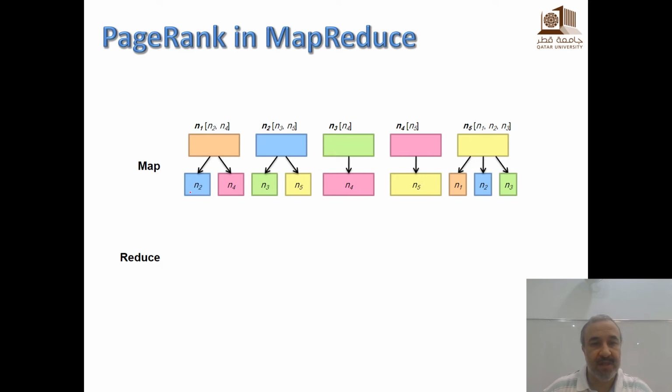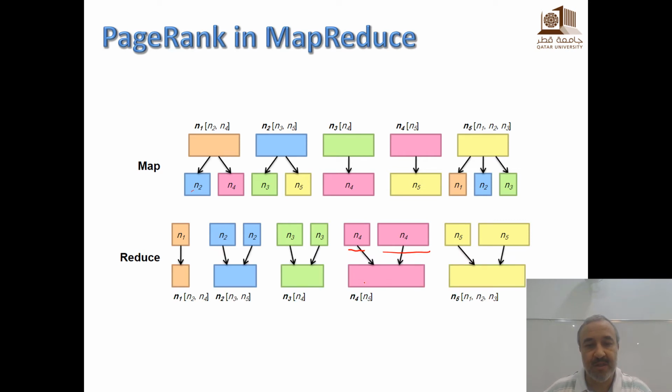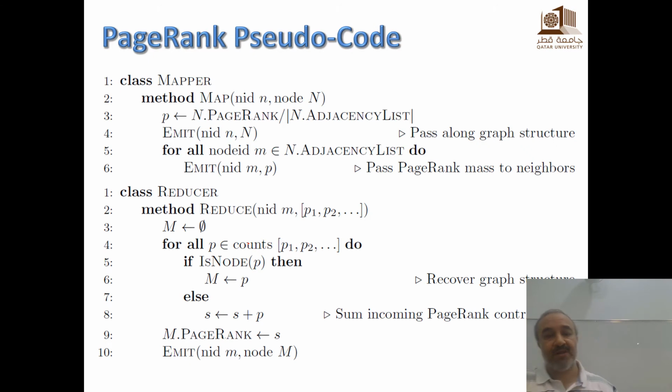So this is N2, the blue, and this is pink N4. Okay, so we'll just group in shuffling. So now N4 will get this contribution and that contribution. It will add it in the reducer. Okay, is this clear? Any question about this? Okay. So this is one iteration. Okay, so we'll have to repeat that until convergence.